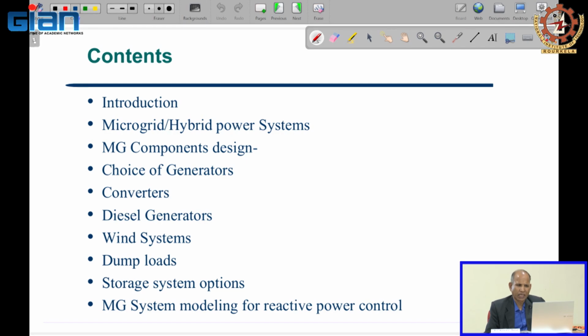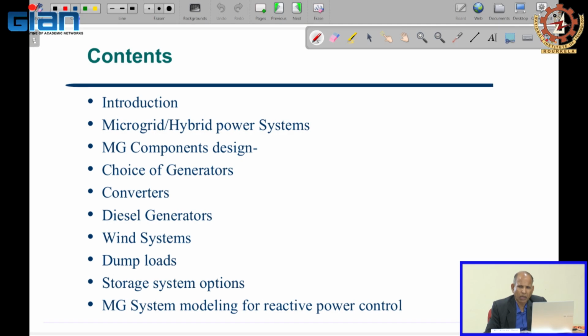If you are designing an isolated microgrid, what will be the different components of the microgrid that we are going to design? The components can depend upon what natural resources are available, and accordingly we can have the microgrid.